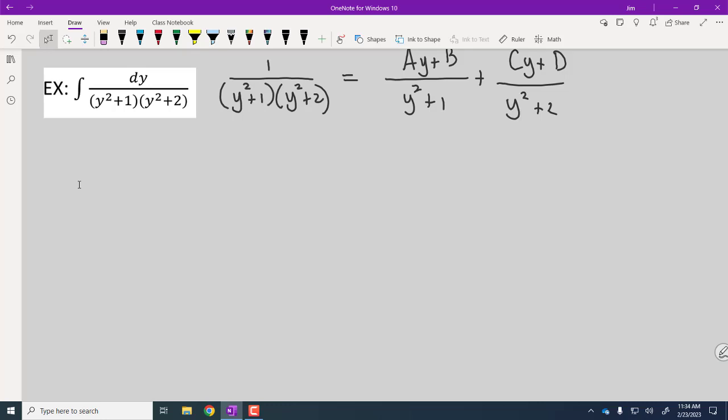And now we get our PFD equation. Our PFD equation we find by clearing all the fractions. We clear the fractions by multiplying both sides by the left-hand side's denominator. And here's what we'll end up with on the right.